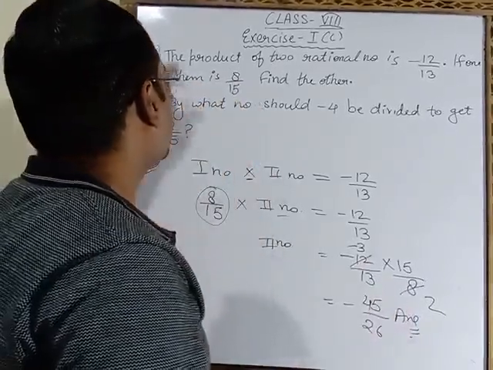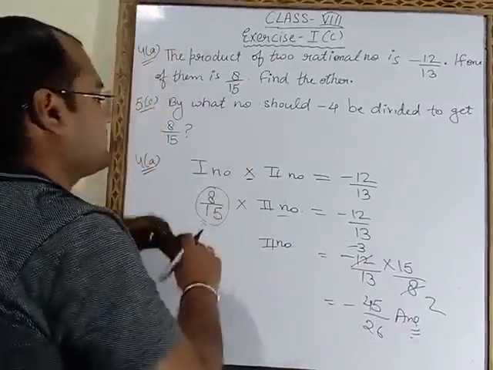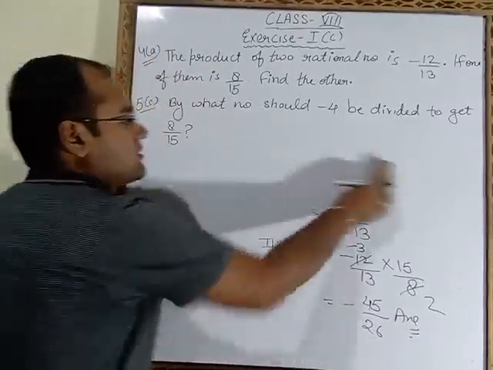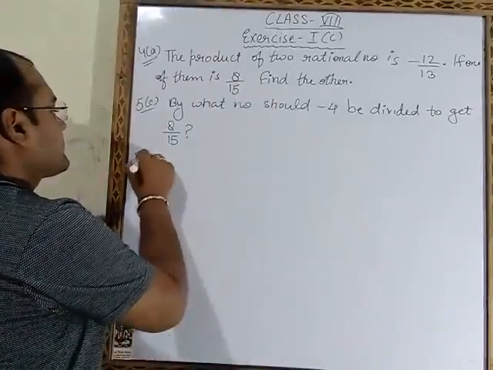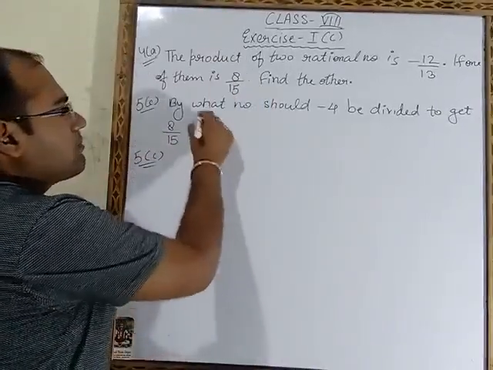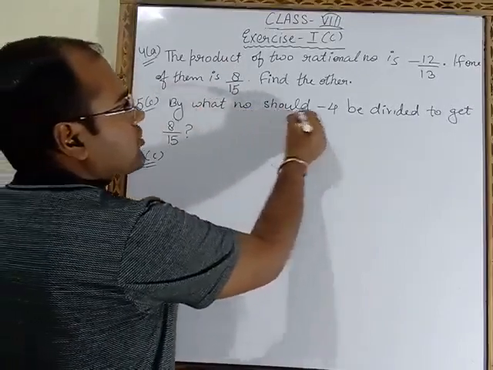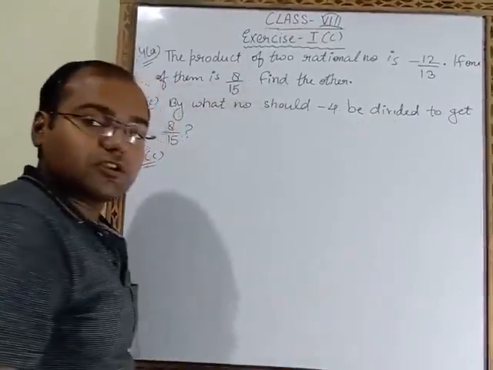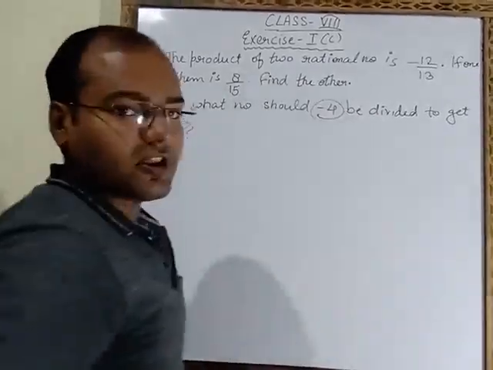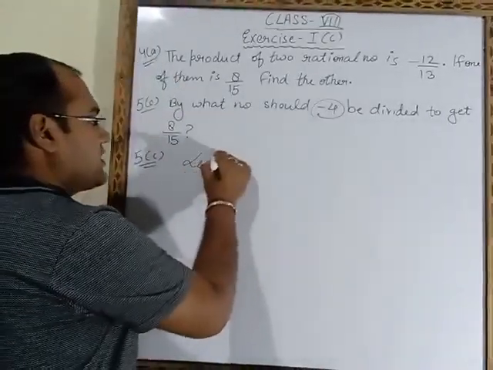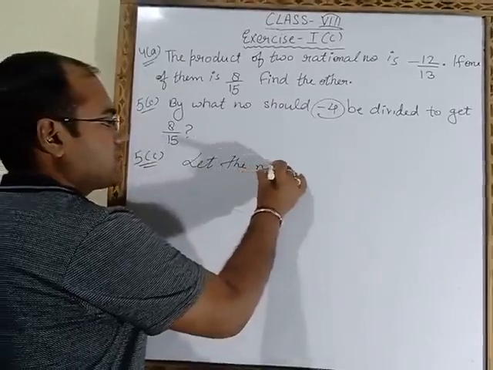Now 5th question, C part is here. 5th question, C part. By what number should minus 4 be divided? What is the question? With which number should this minus 4 be divided? So here let the number be x.